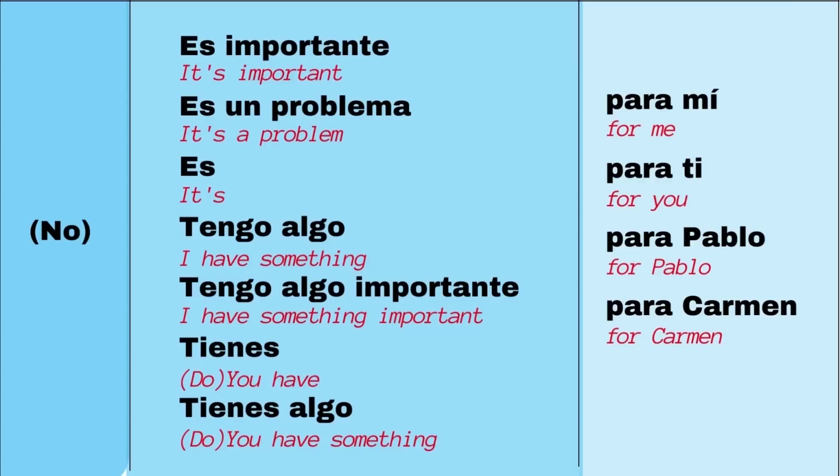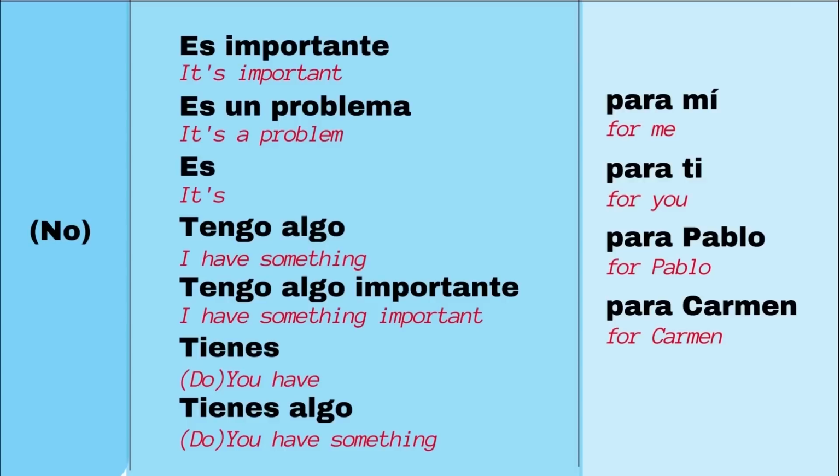¿Tienes algo importante para mí? You've got something important for me. ¿Tienes algo para mí? Have you got something for me? And a couple of slight variations on the table. No es para Pablo, es para Carmen.